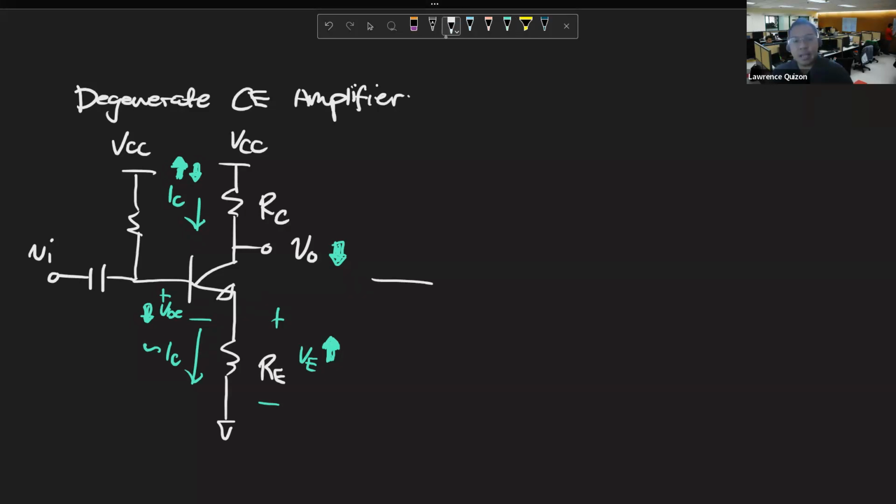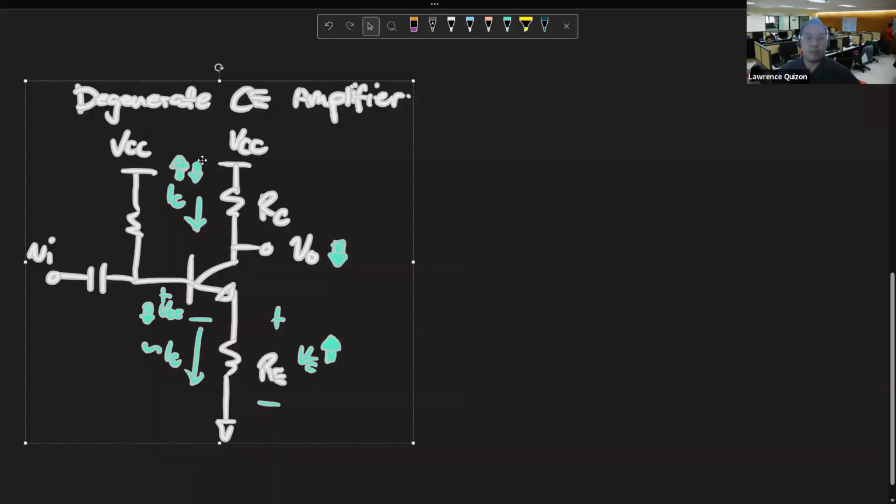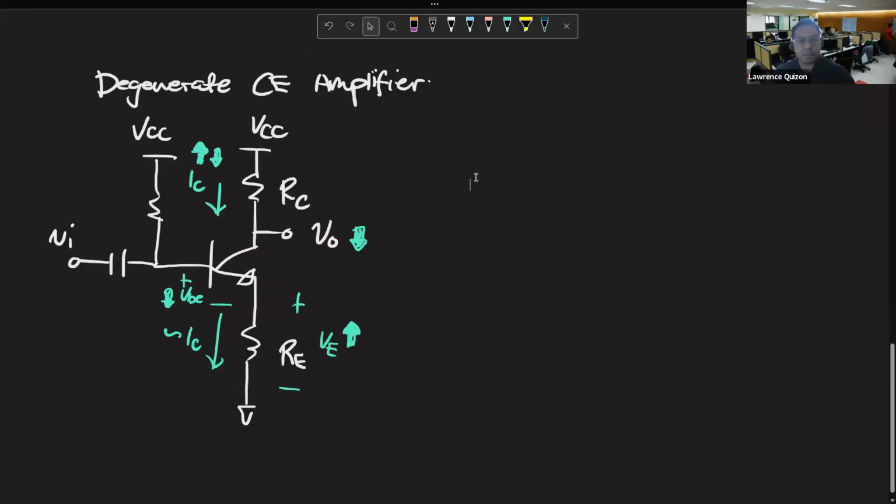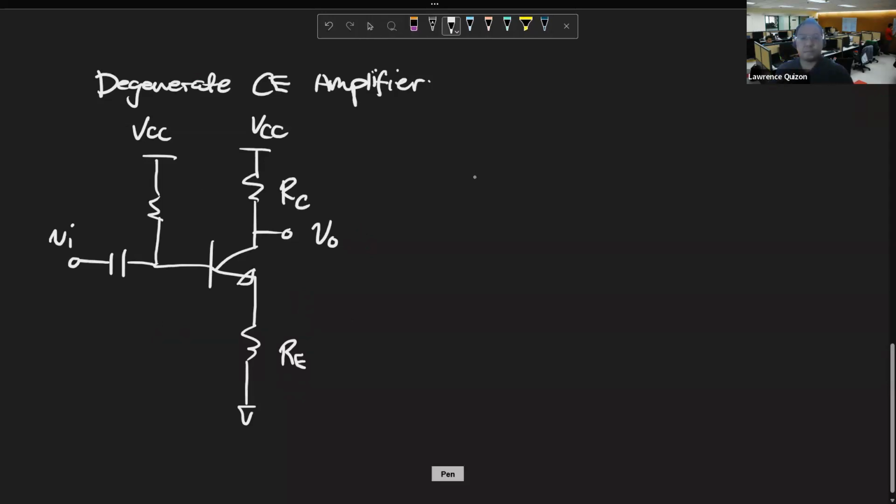But this has consequences for the small signal model. So first, let's start the analysis and do the small signal model. We start with the Vin.